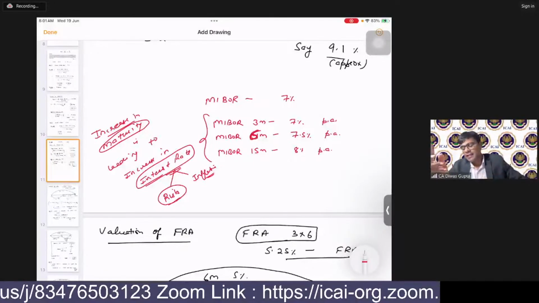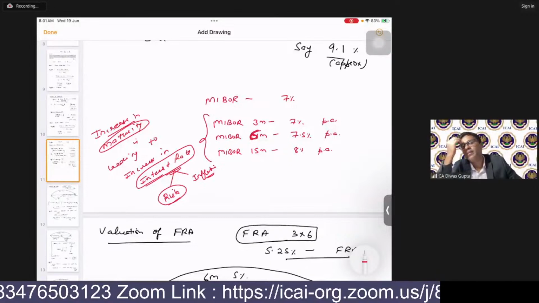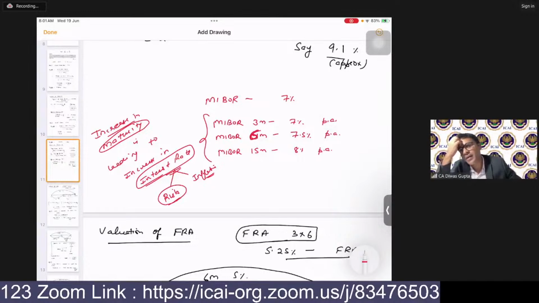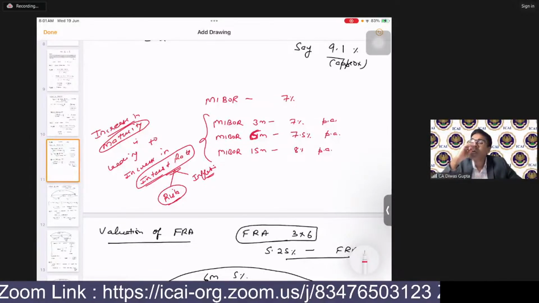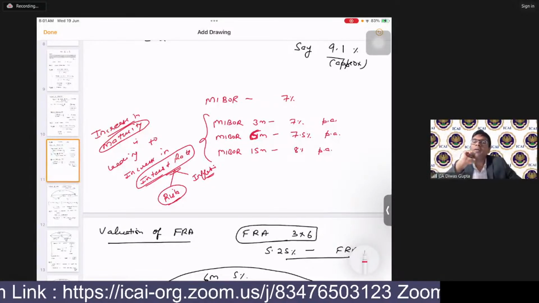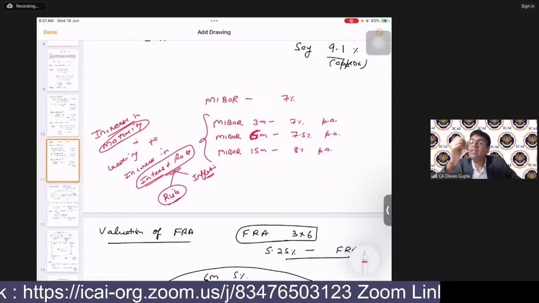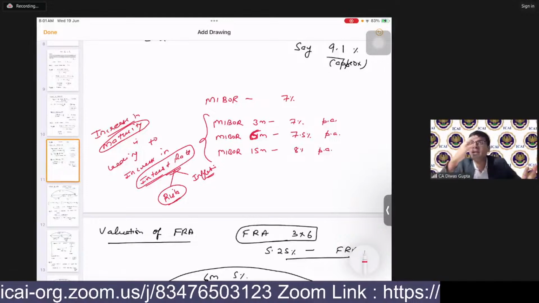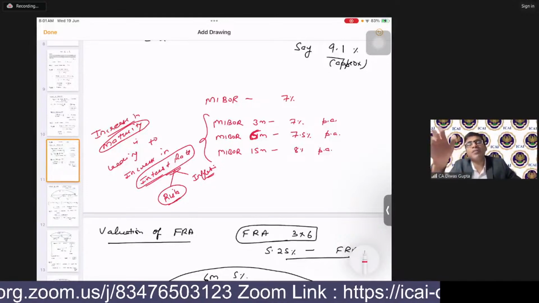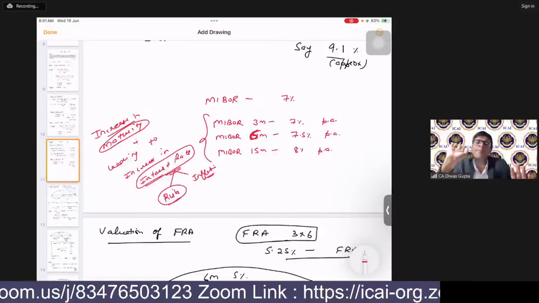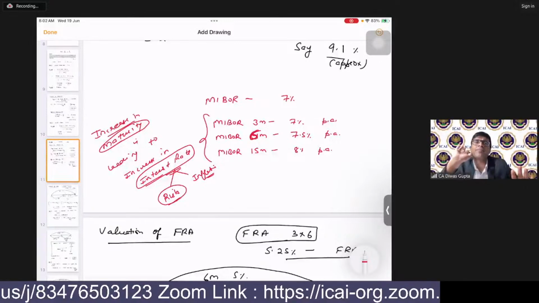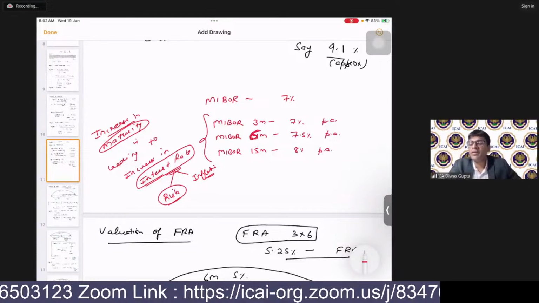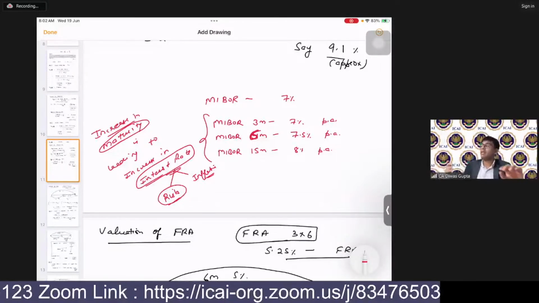Because I can say that there is a lower risk that the counterparty might go bankrupt in 3 months, but there is a higher risk that the counterparty might go bankrupt in 15 months, because 15 months is a big period. Based on today's situation, I can assess that after 3 months the situation will be pretty much the same. There is very less risk. However, after 15 months, I don't know what the situation is going to be. It's a very long period.